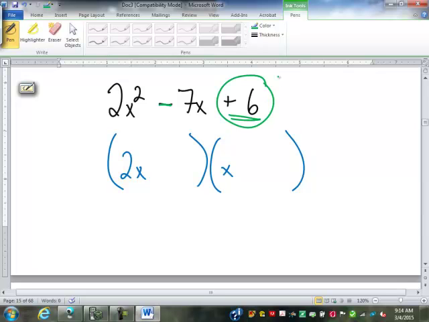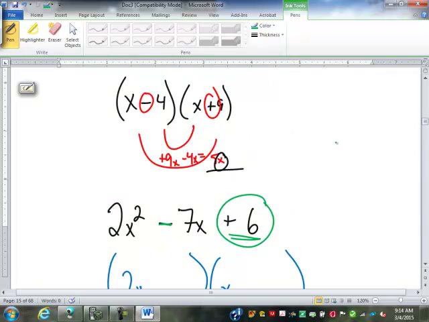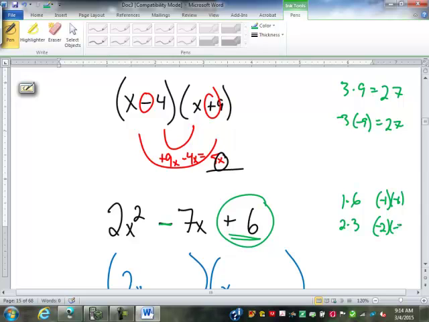When you're multiplying, a positive times a positive equals a positive, or a negative times a negative equals a positive. So to get a positive 6, it's either going to be 1 and 6, or 2 and 3, or a negative 1 and negative 6, or a negative 2 and negative 3.